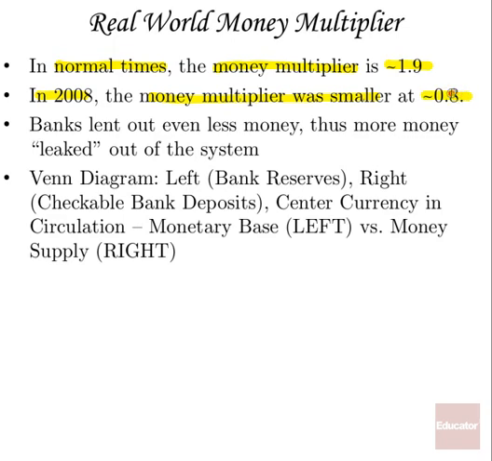So even though banks had the ability to lend out excess reserves, banks lent out even less money, and thus more money leaked out of the system. When banks aren't lending out money, it just sits in banks, people aren't able to get loans, credit freezes, the money supply shrinks, and there's less economic activity.